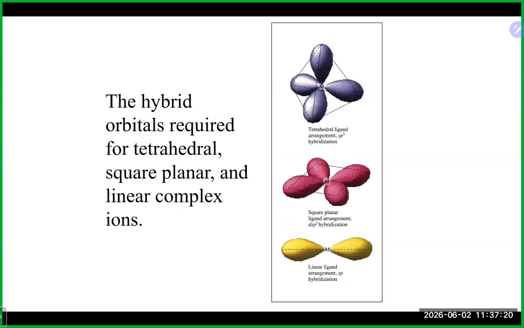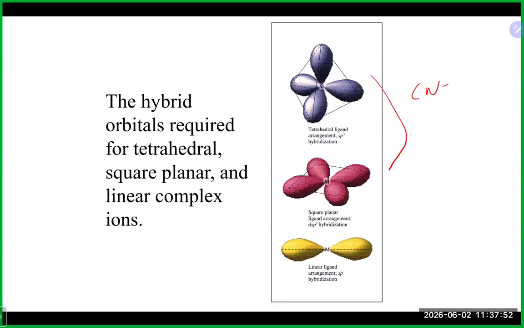Very common geometries that we see in complex ions are tetrahedral, which is typically your four electron pairs, square planar, which is an expanded octet found in the octahedral arrangement, where you have four bonds and two pairs of lone pairs. And we also have linear. These, as we will see, usually will coordinate to coordination number.